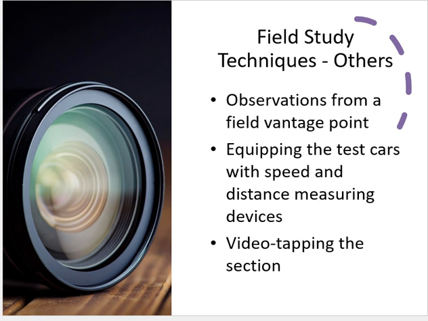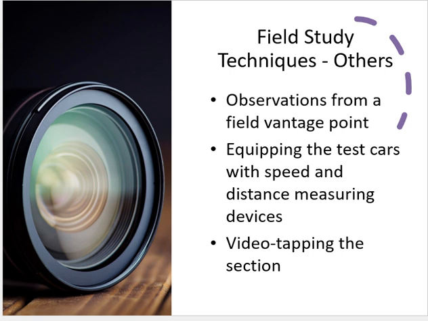So you are looking at the entire segment, and you see the car going from one point to the other point, the entire journey of the car. But again, you have to find this point. It may not be available. All routes do not have a vantage point. You need a bridge or a very tall tower or something.